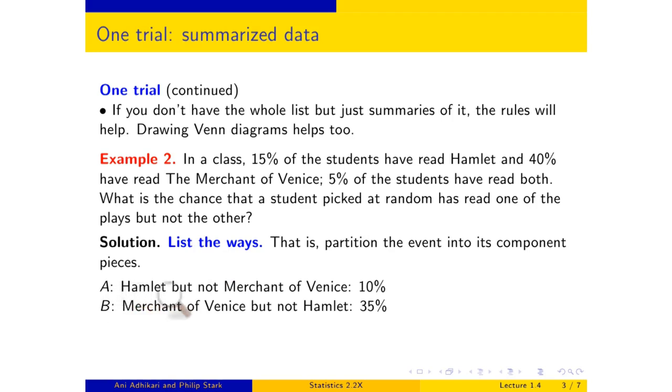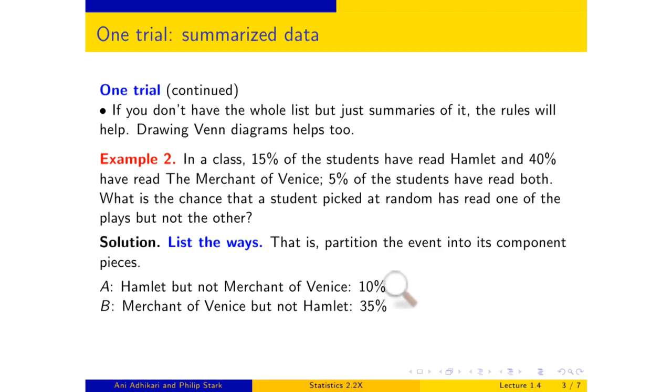The event A: they read Hamlet, but not The Merchant of Venice. Well, what proportion have done that? 15% of them have read Hamlet, 5% have read both, so it must be that 10% have read just Hamlet. Similarly, the percent that have read Merchant of Venice but not Hamlet is 40% minus 5%, and that's 35.